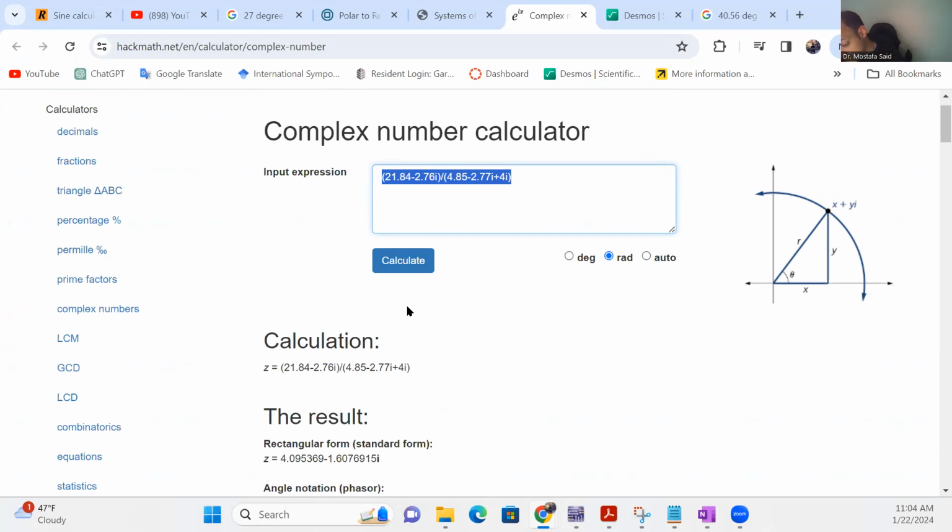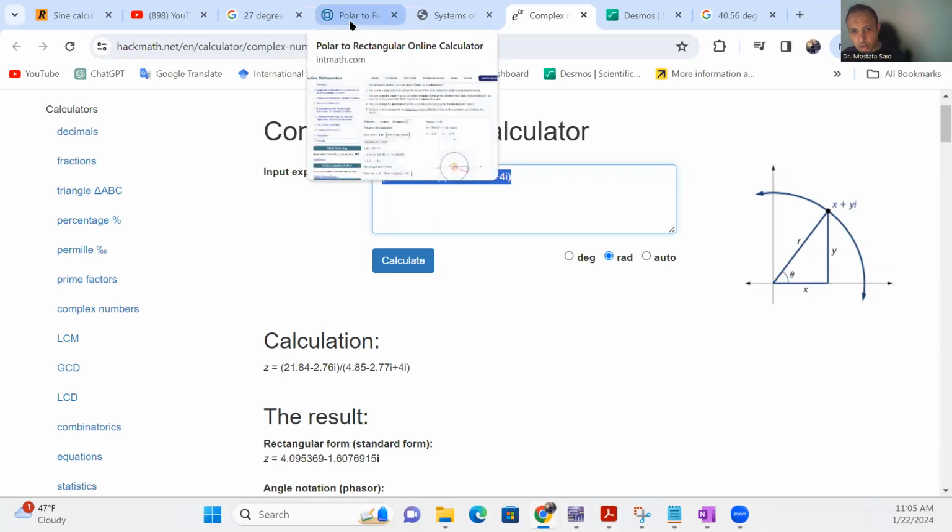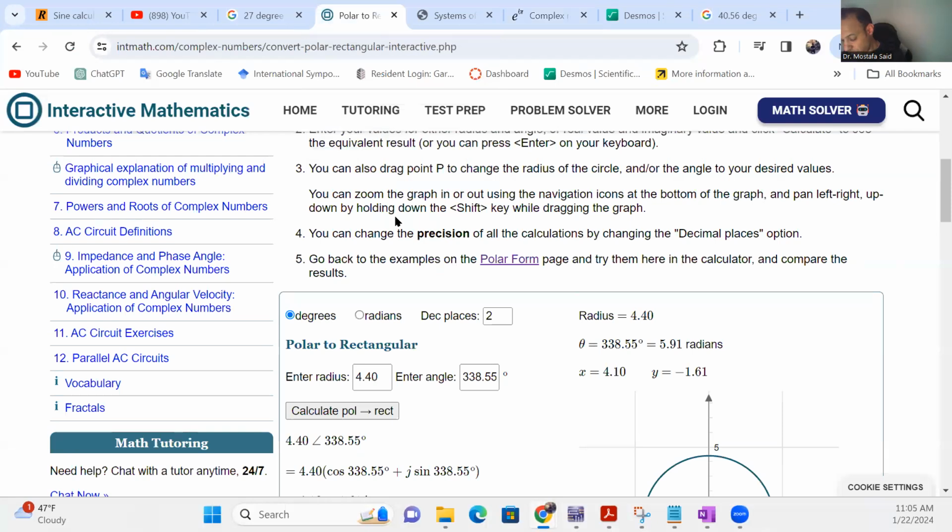So I'm gonna use another website to get first the Cartesian form, then go back and use this website. I can do it here also, but it's better to use the other. This is the other website. Of course, I'm gonna leave the links to this website in the description, so don't worry.